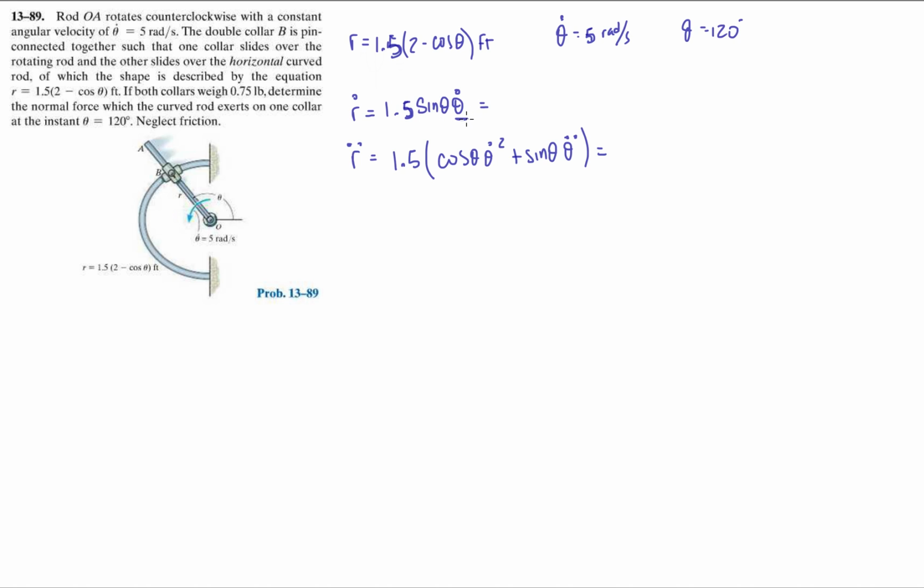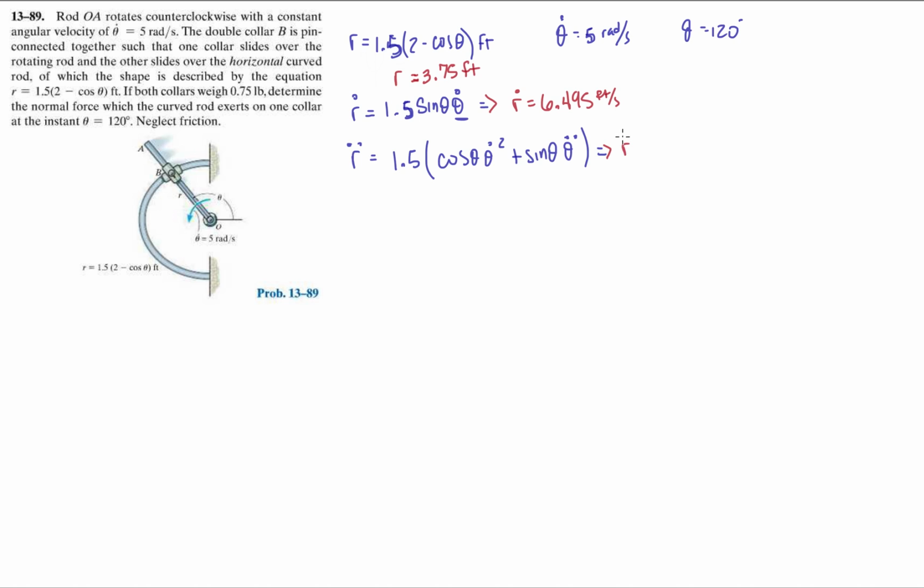Let's evaluate those at the instant that they're telling us. I haven't even started drawing forces or anything. I just want to first get the fundamental parts down. When I evaluate this at theta equals 120, you should get 3.75 feet. This should end up giving you 6.495 feet per second.